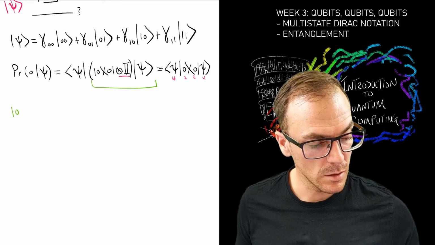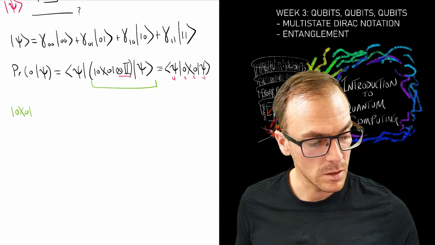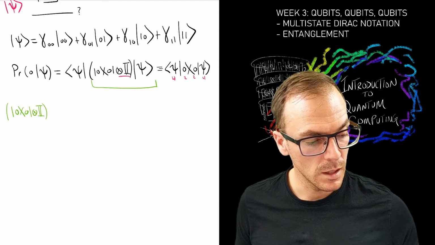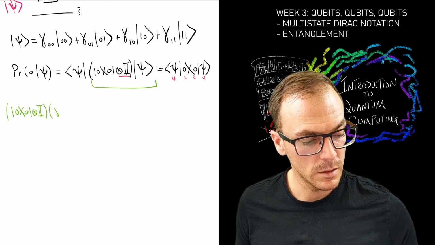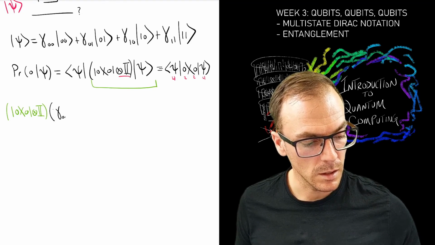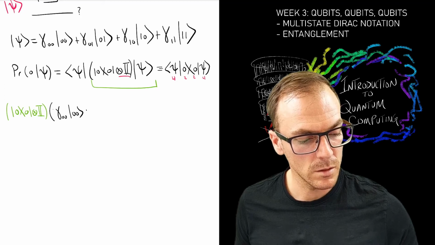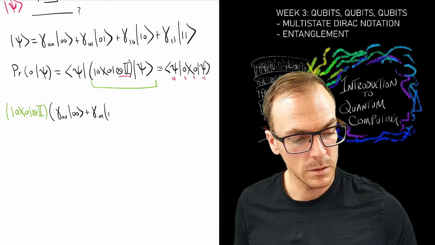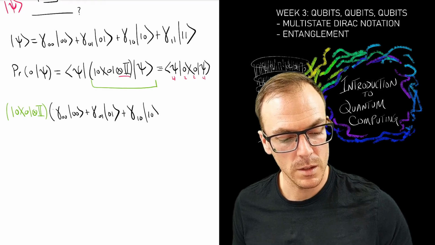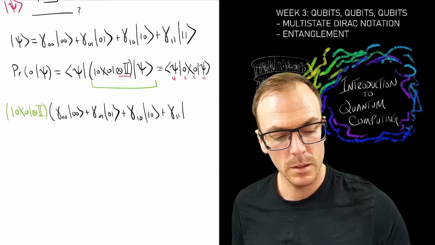So I have |0⟩⟨0| tensor identity, and that acts on gamma 00 |00⟩ plus gamma 01 |01⟩ plus gamma 10 |10⟩ plus gamma 11 |11⟩.